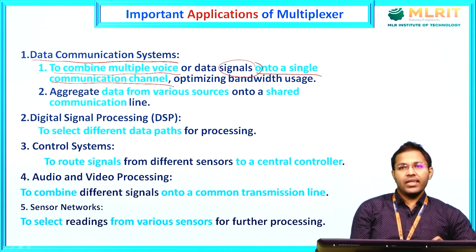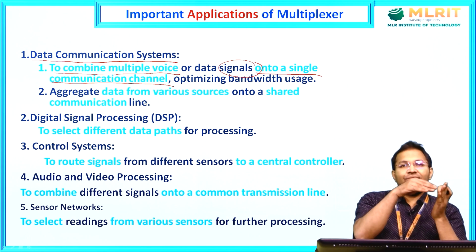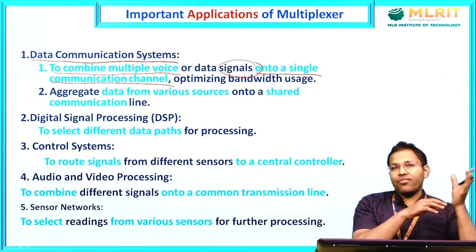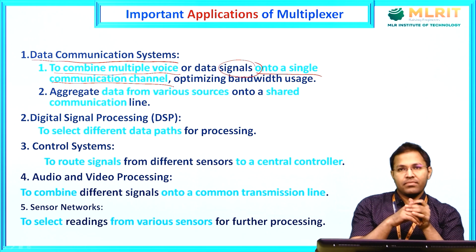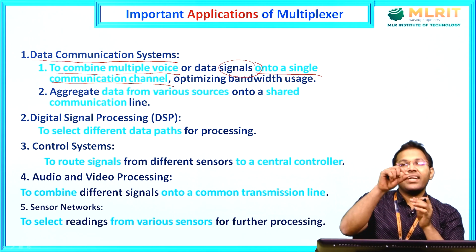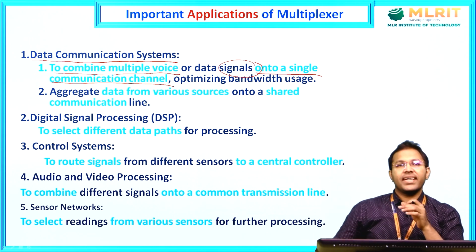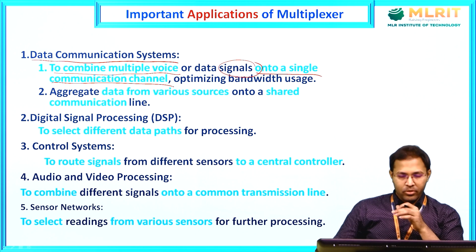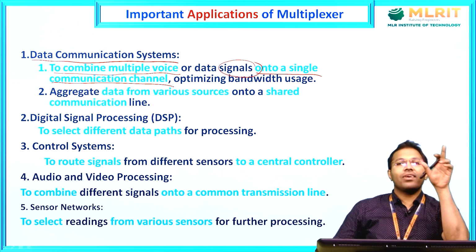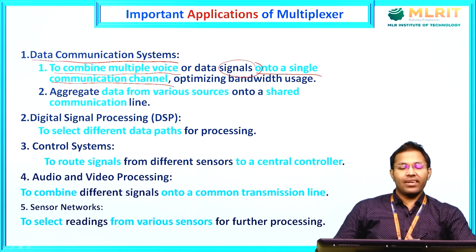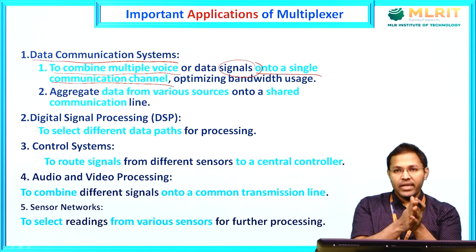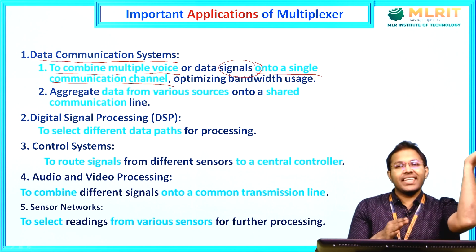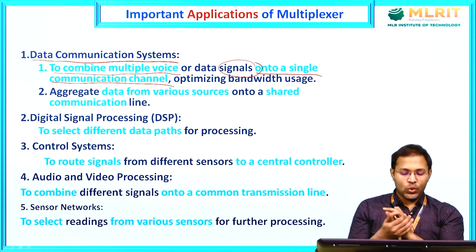So in your telephone system, you can have so many lines and you want to communicate to a single person, suppose. Then you can have a multiplexer arrangement, where based on the selection lines, any of the lines is connected to the single output.